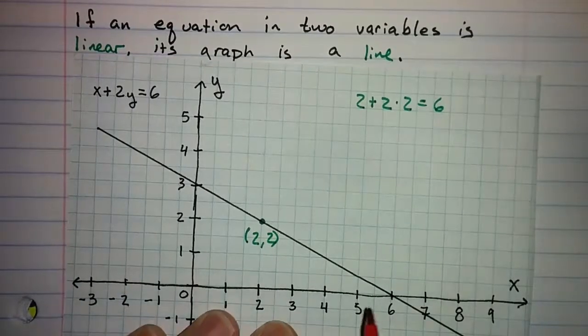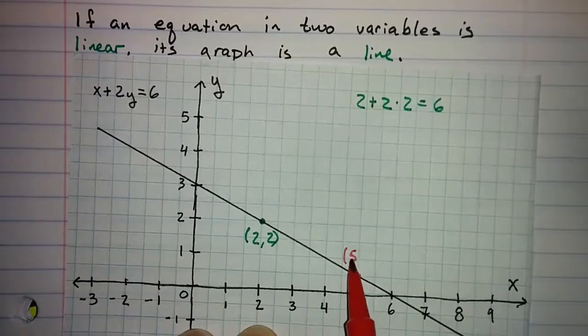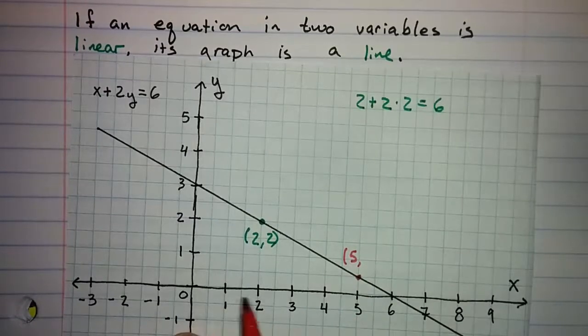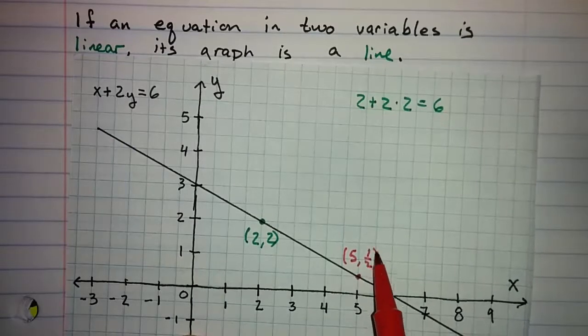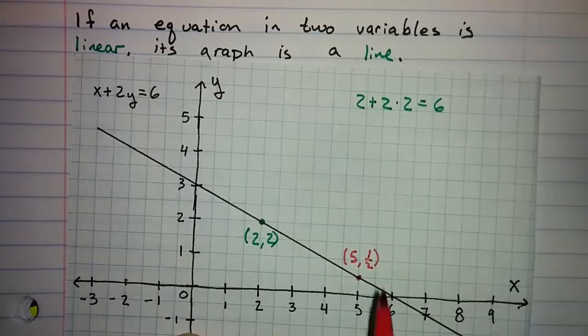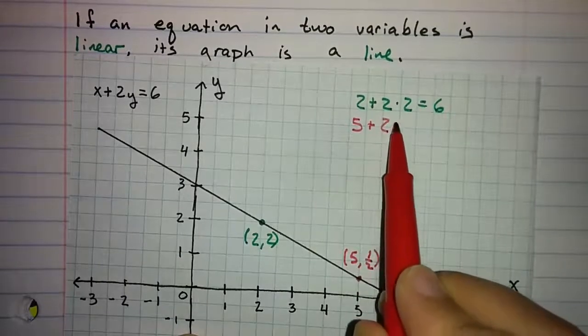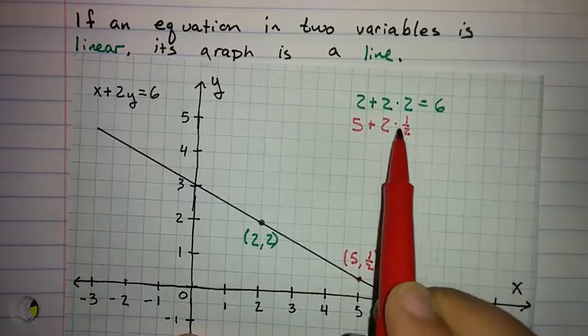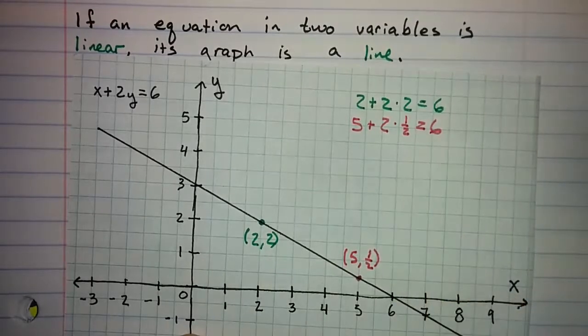It works for slightly less nice points, like this one. Here we see x is 5, y is, well, this is halfway between 0 and 1, maybe 1/2. Again, if we take 5 plus 2 times 1/2, 2 times 1/2 is 1, we get 6.